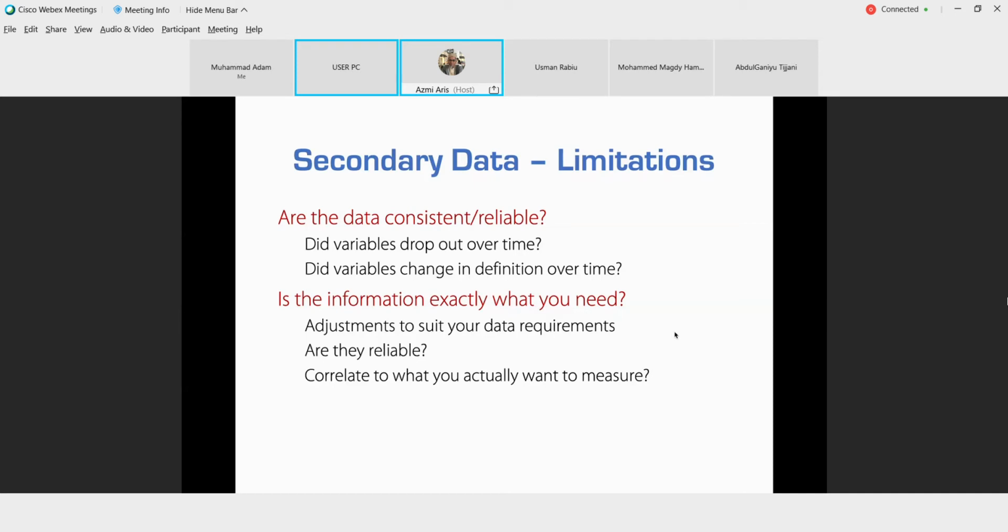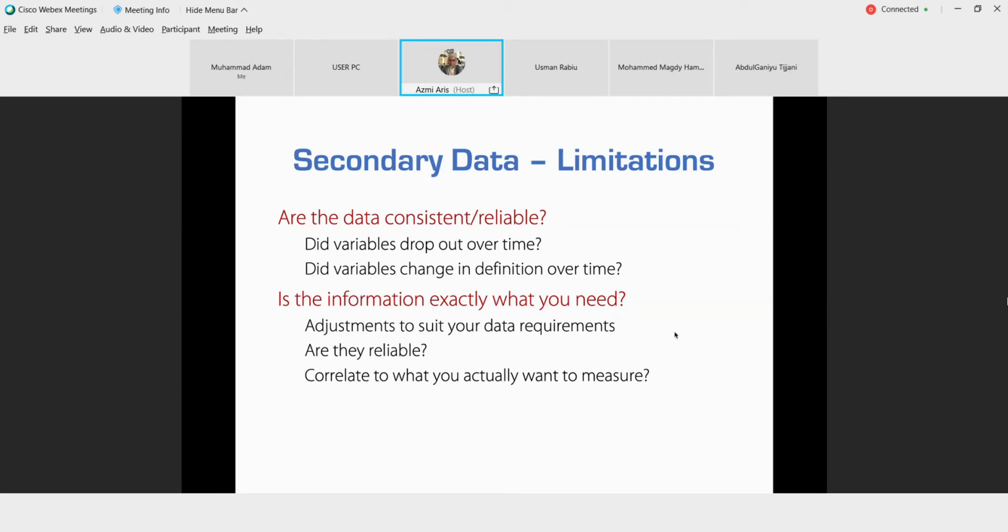I gave you two examples. One is when you do your write up on your problem statement. It has to be very current. For example, this is also important. You start your PhD in 2021 and you finish in 2024, for example, right?